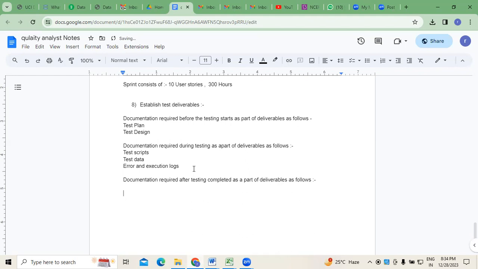So this is one. First one is before testing starts. Second one is during the testing phase. The third one is after testing is done, right? So after testing is done, all that.